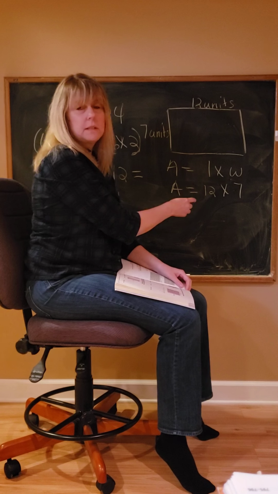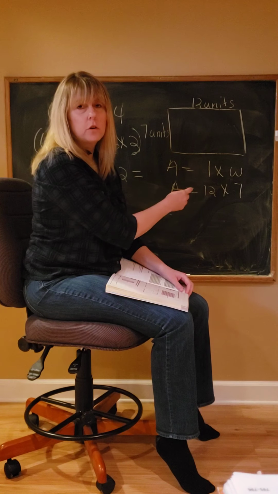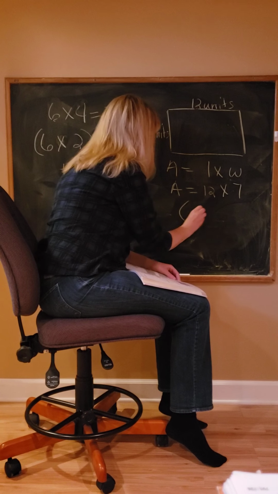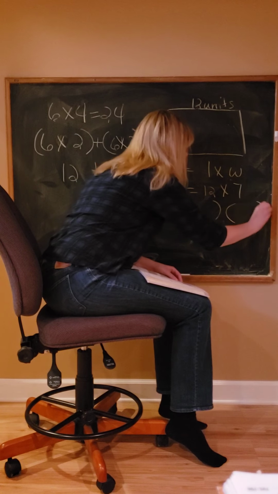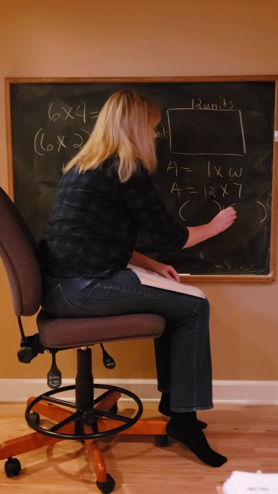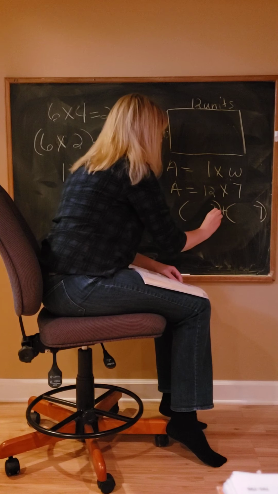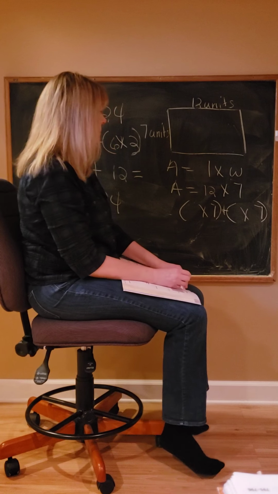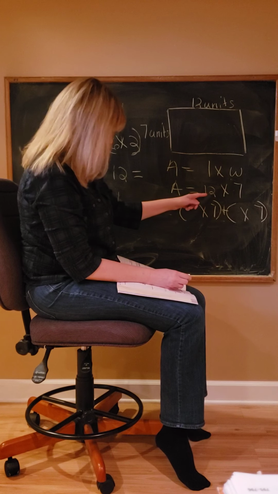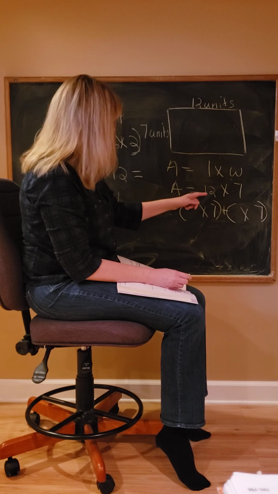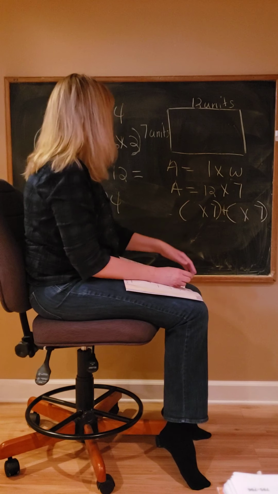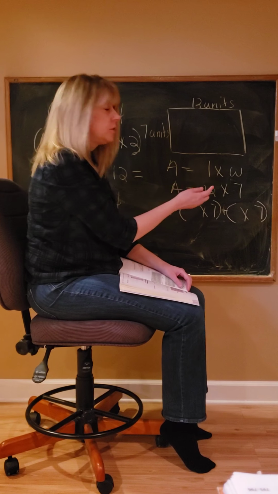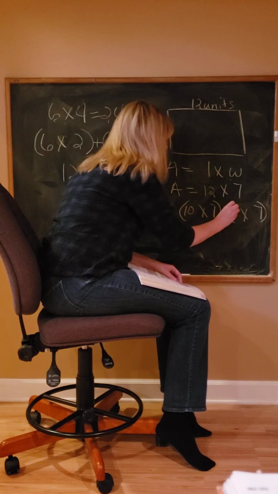In this case, it's going to be best to take apart, or decompose, the largest number. So I'm going to write down my parentheses. I'm going to keep my 7 the same, just rewriting it, and I'm going to put my multiplication symbols in there. I'm going to take apart the 12, and I know that 10 plus 2 is 12, so I can use 10 and 2.